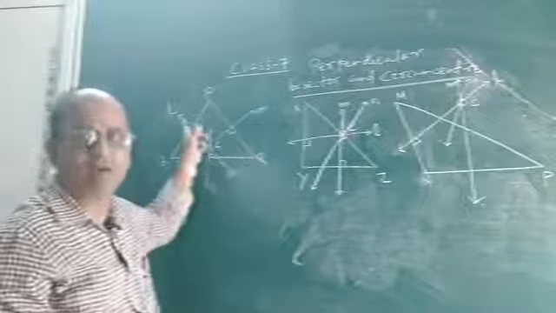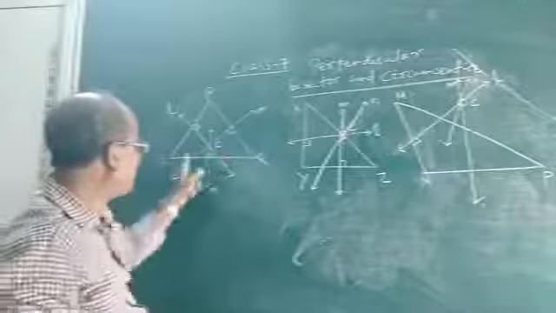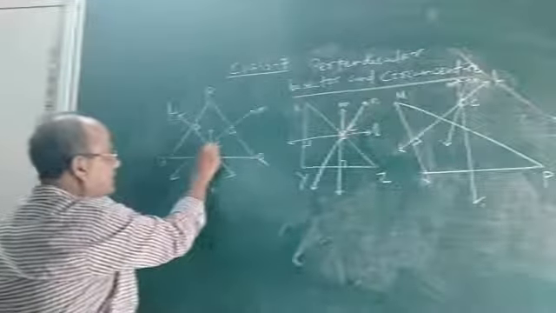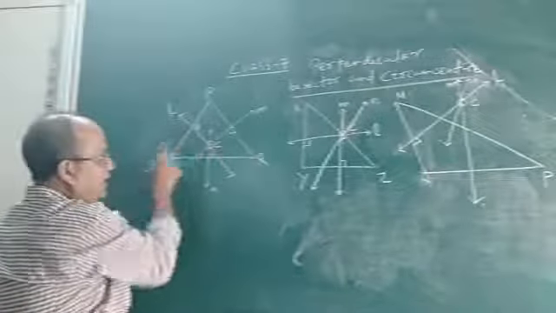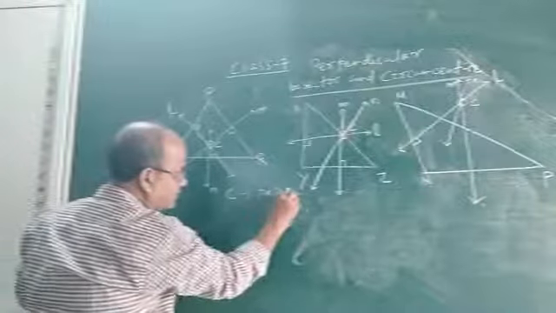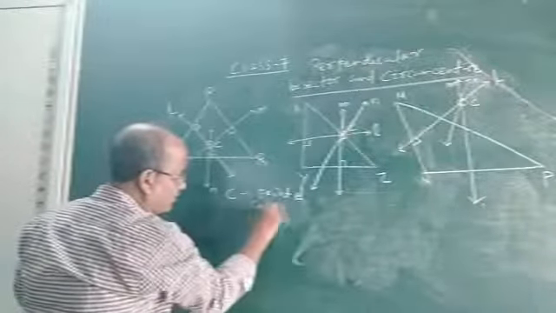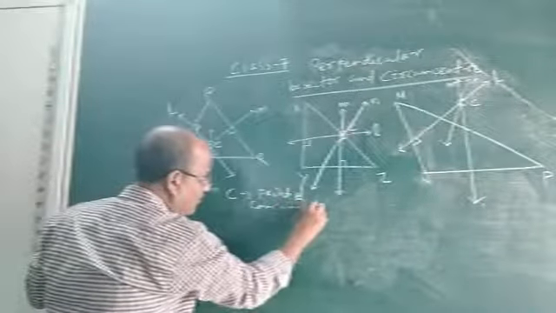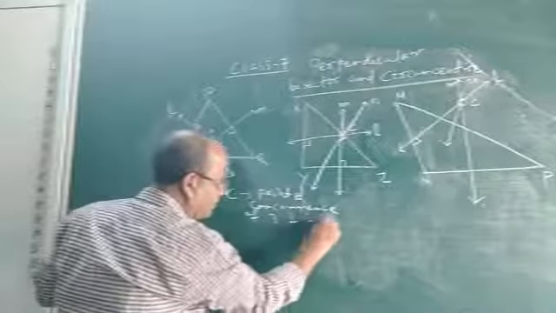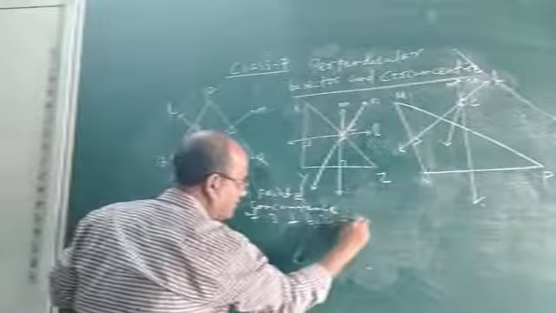Now what do we see? What do we observe? The 3 perpendicular bisectors are passing through this point. See, this is the point of concurrence. Look at this C, the point of concurrence of 3 perpendicular bisectors of 3 sides of a triangle.